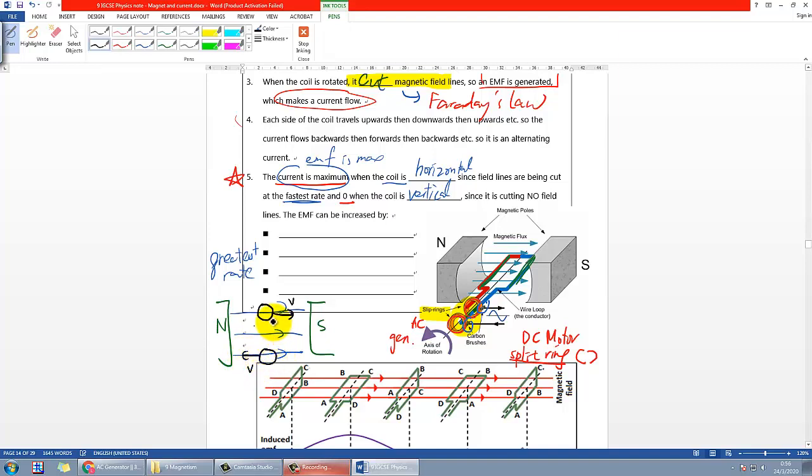So in that case, you can see they literally do not cut any field line, and therefore there is no change of B field, or more precisely we call it magnetic flux, using a symbol to represent it. So that's why it is 0 when it is vertical.